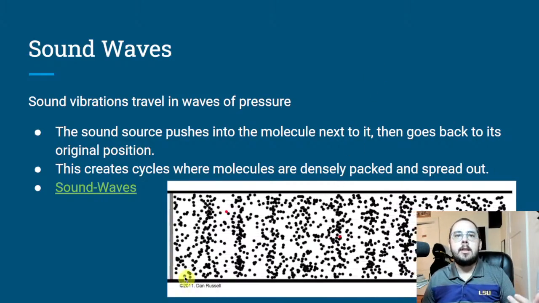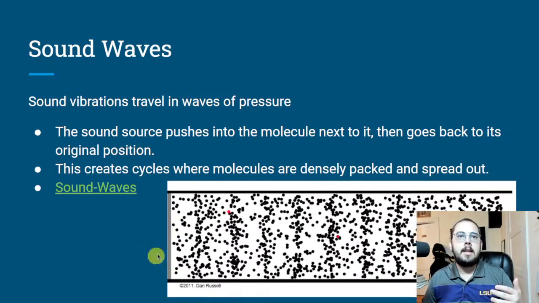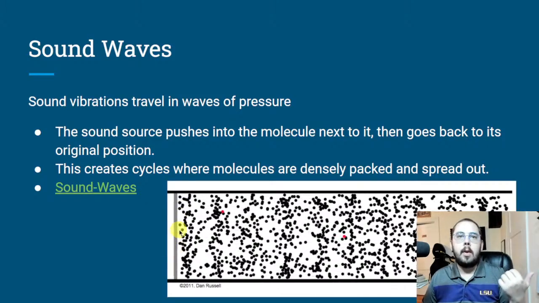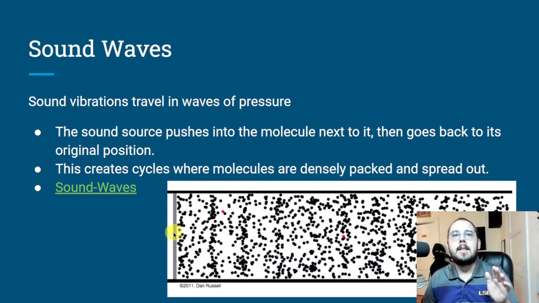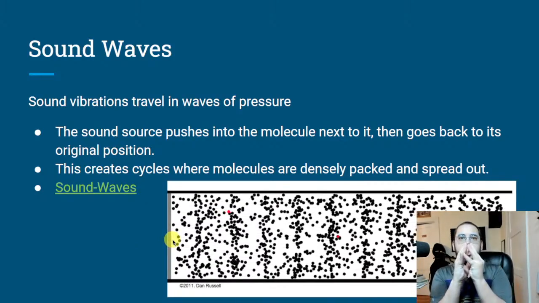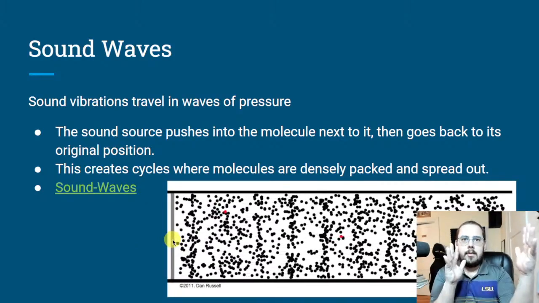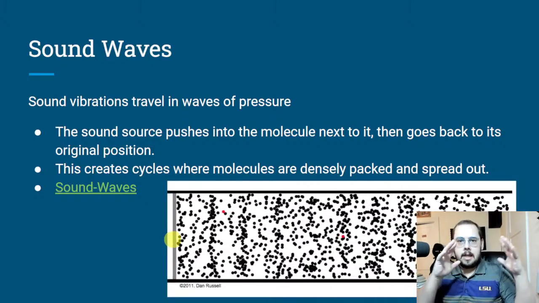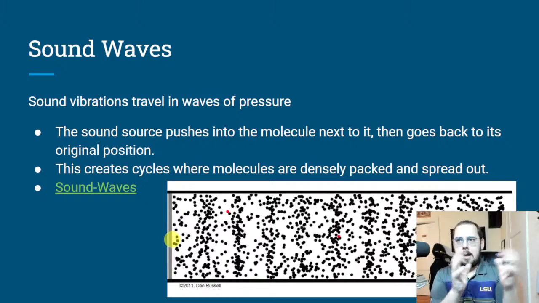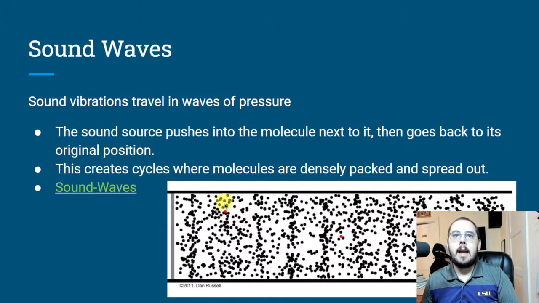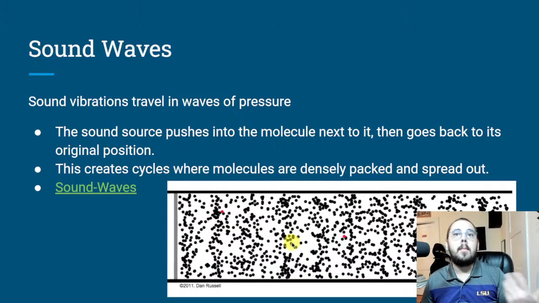These vibrations cause the thing that is vibrating, whether it be my vocal cords, the car, whatever, to push against the air molecules that are right next to it. This causes them to bunch up, and then they bounce off of each other and hit the air molecules next to them, which then cause those to bunch up and bounce off like so, causing this to form air waves of high and low pressure.